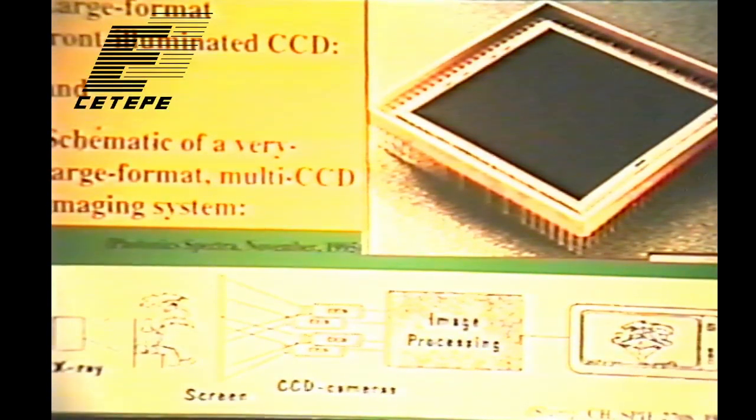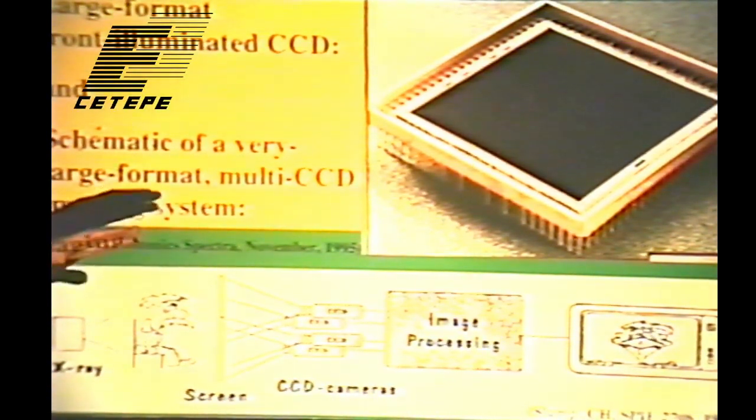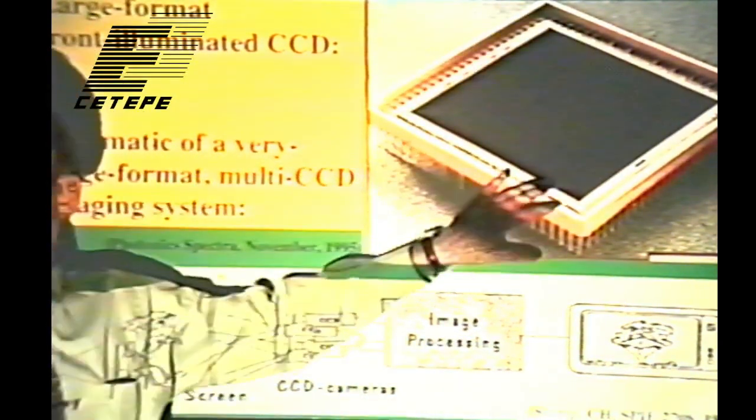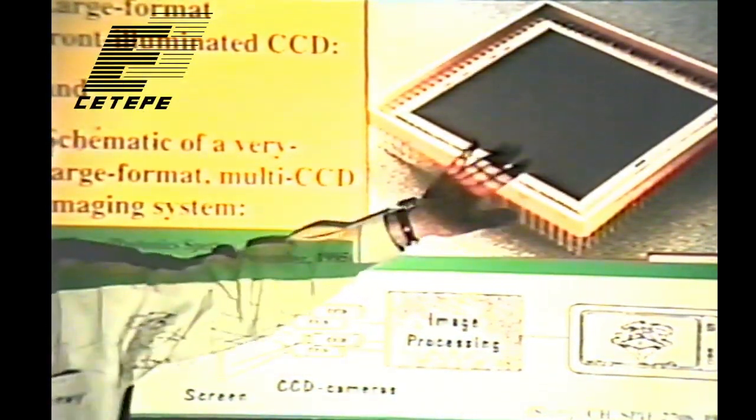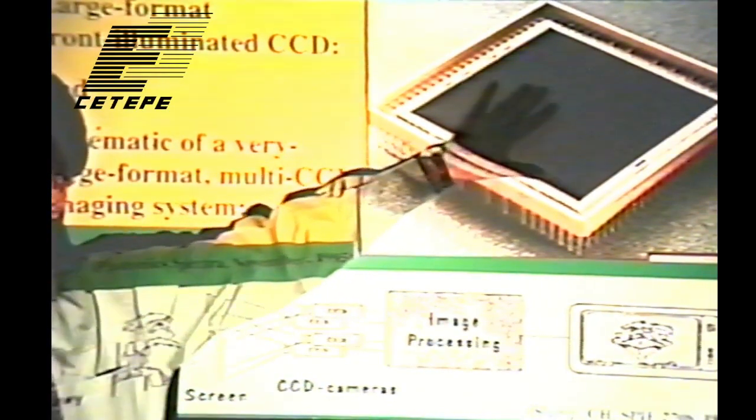This is just a picture of a very expensive large CCD. It's probably 2048 by 2048, but this is the active surface, what's called a full frame sensor, so all of this is photo-active area. The electrodes are invisible, but you can see the gate voltages are applied from these pins.